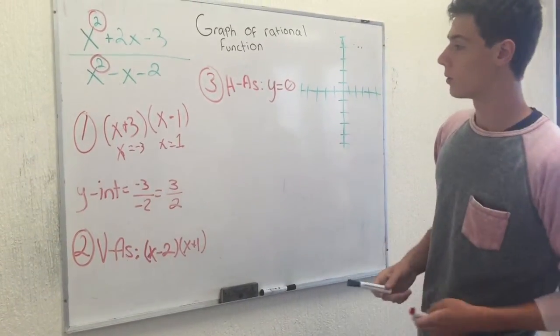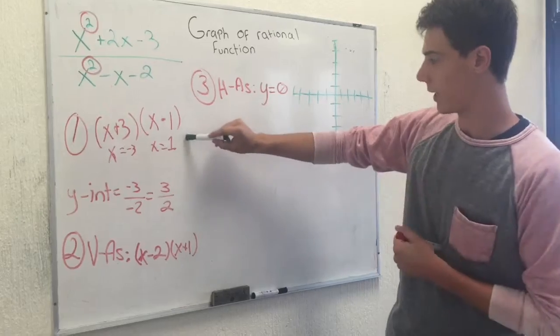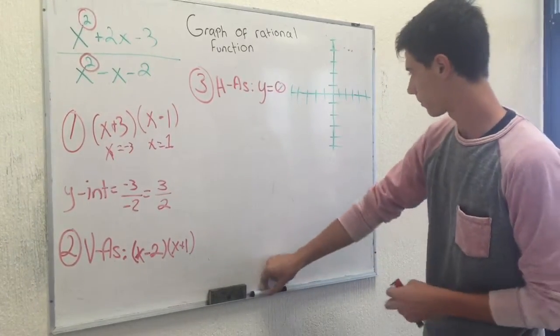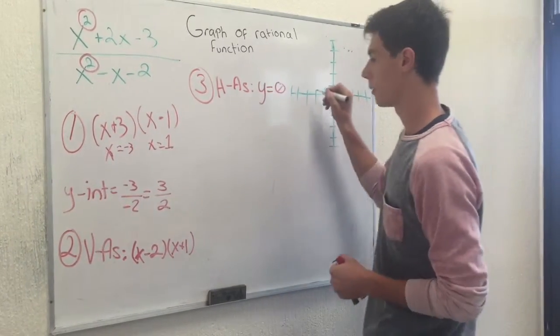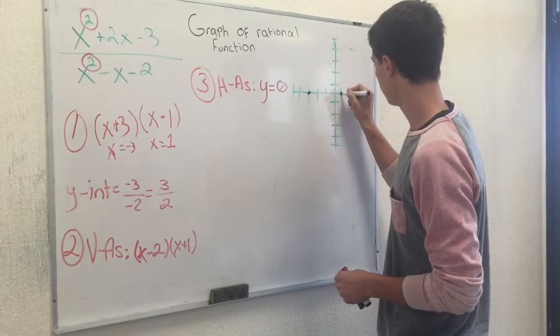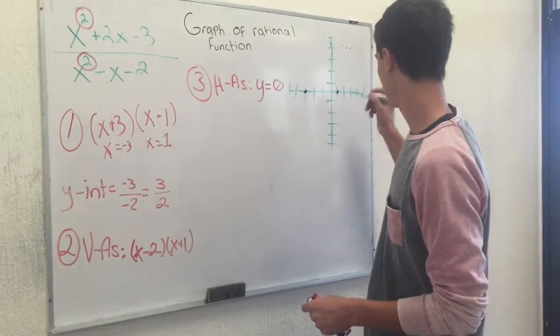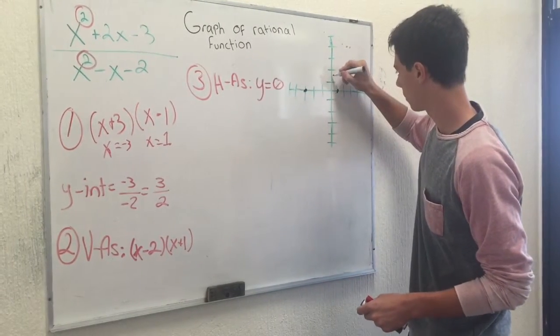Okay, so here we got our x-intercepts. We got one at -3 and the other one at 1. We got the y-intercept at 3/2, so it's gonna be right here.